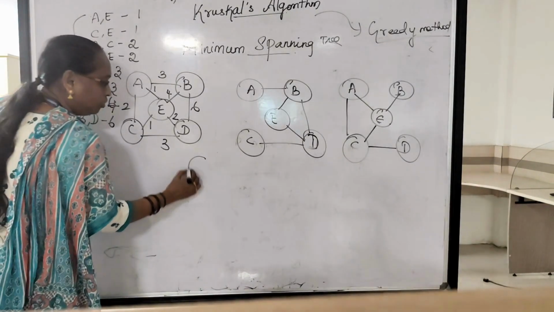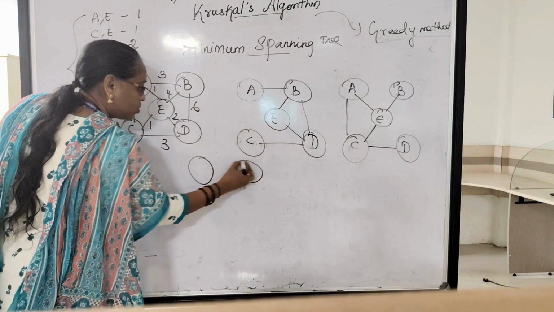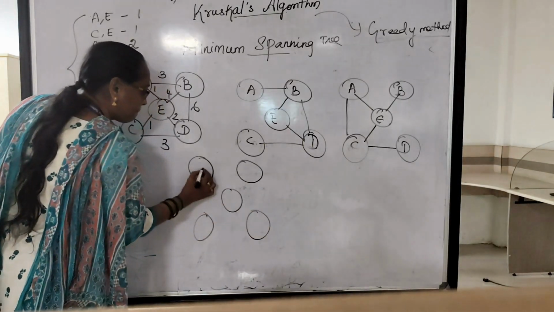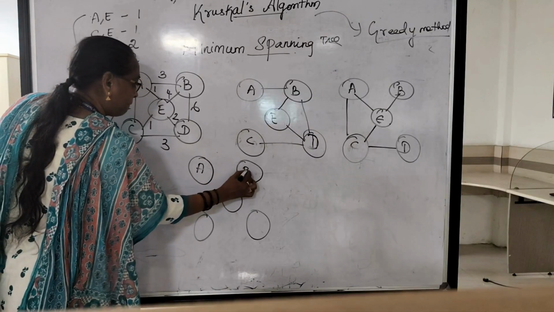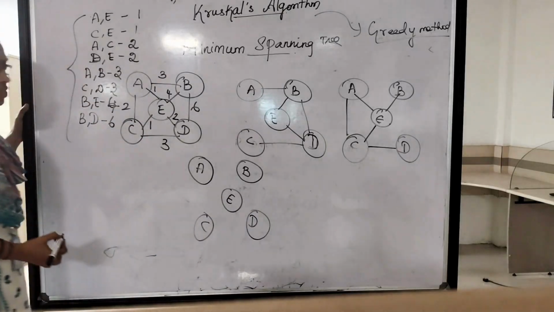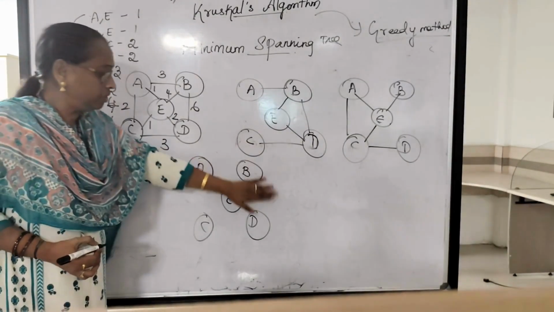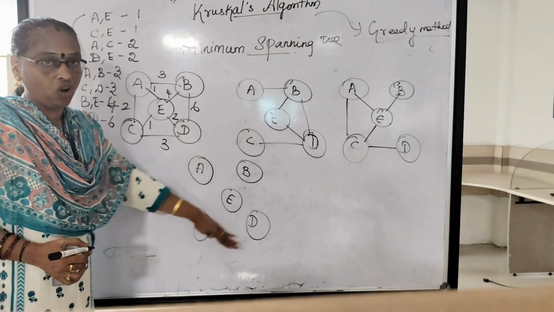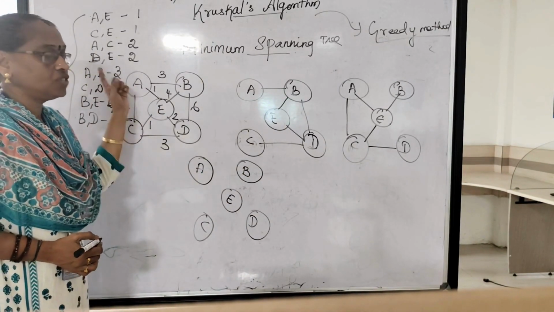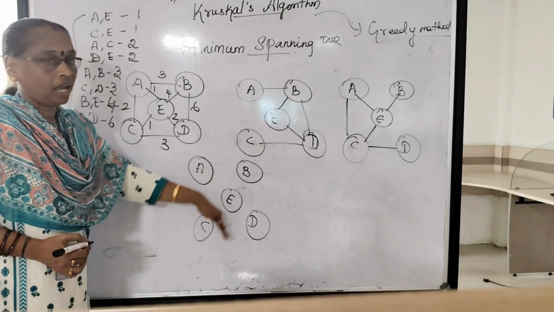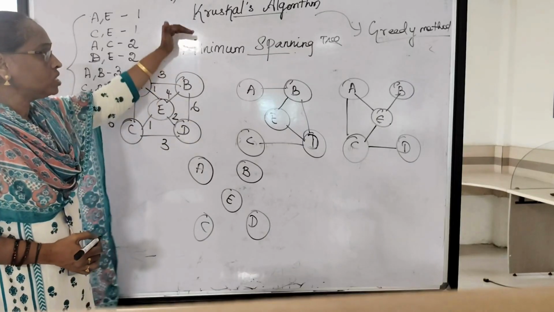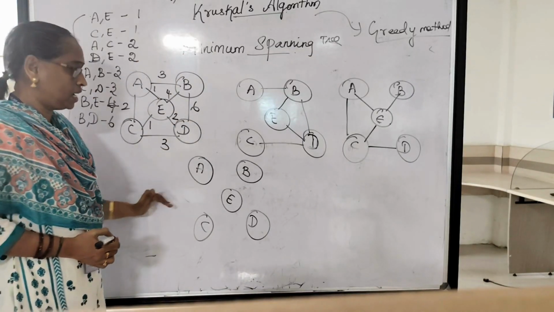Now I have to introduce the edges one after another into an empty tree. So you take an empty tree like this, with all the nodes but without any edges. Now I am going to introduce the edges one after another into this empty collection to make it a spanning tree, and using this I can find the minimum spanning tree.